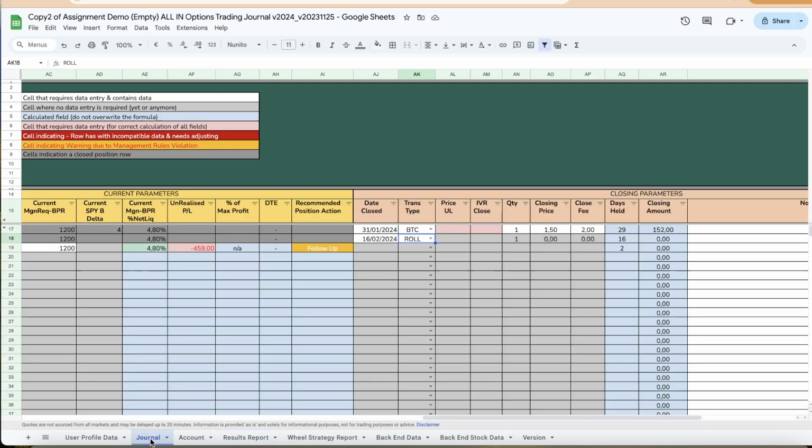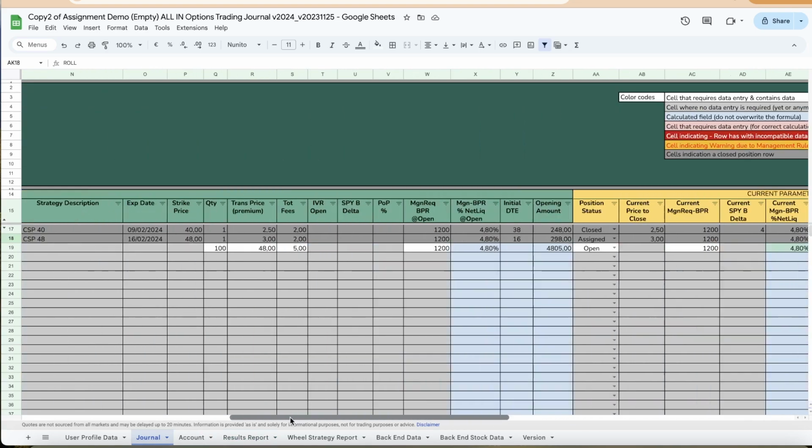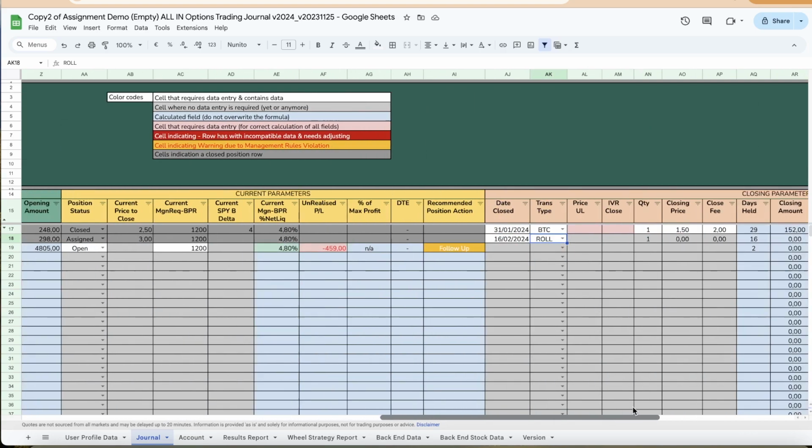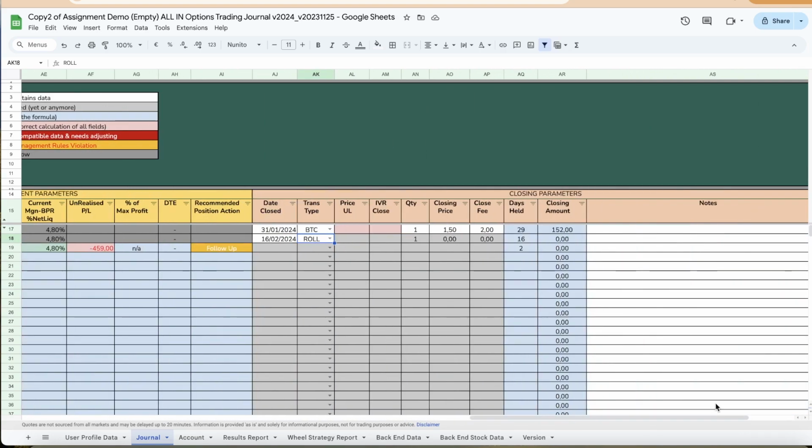I go back to the journal and I see that I've entered a transaction price for my shares of 48. But like I said, if you close the cash secured put with a strike of 48 for which you got a premium of $3 and you consider it a roll, just like any other roll, you need to take into account the premium that you really got at that moment.